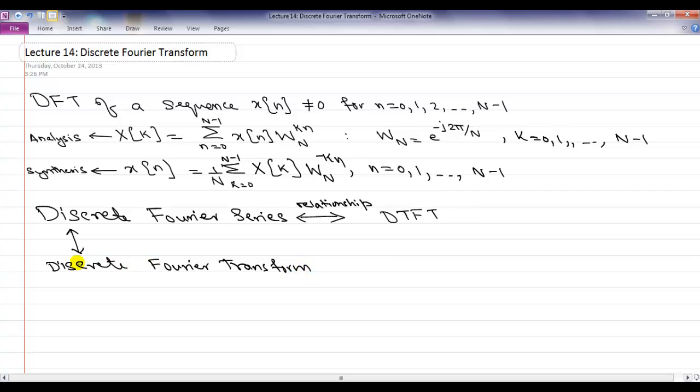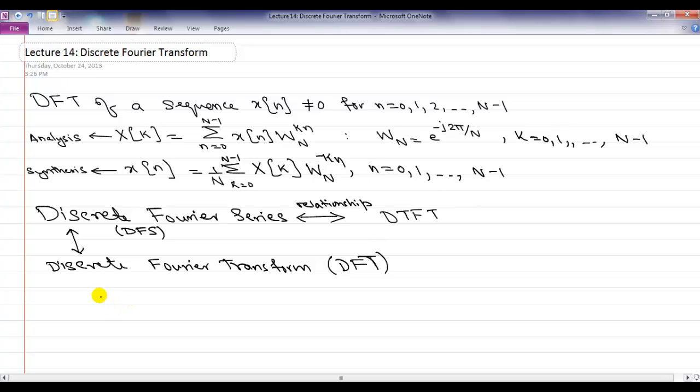Basically through this, we will be able to talk about the relationship between DFT and DTFT. I'll be using their short forms, and it's important we stay with them. DFS I will be using for discrete Fourier series, DFT for discrete Fourier transform. Our goal is to relate DFT to DFS and DFS to DTFT, and through that, we will understand the role of DTFT and DFT, and their relationship with each other.